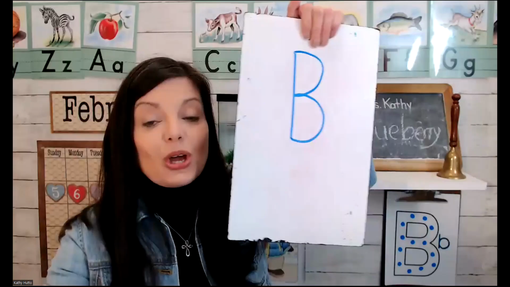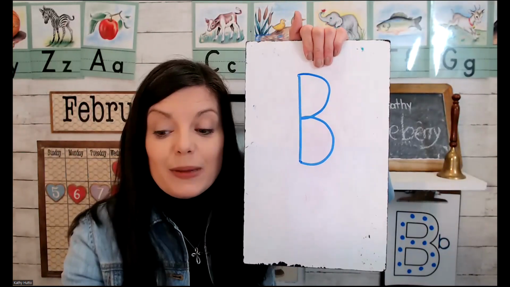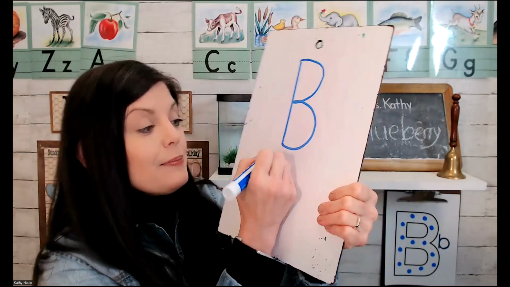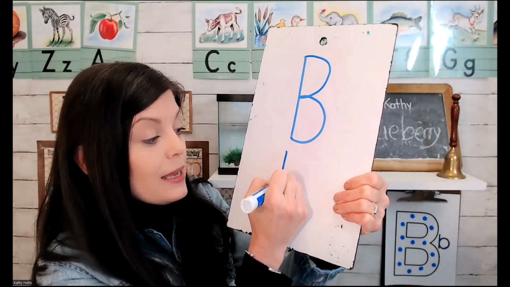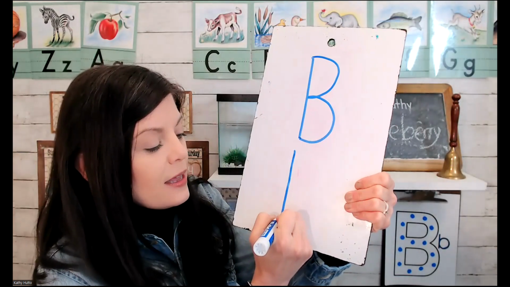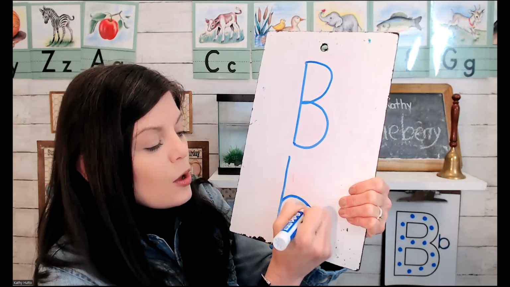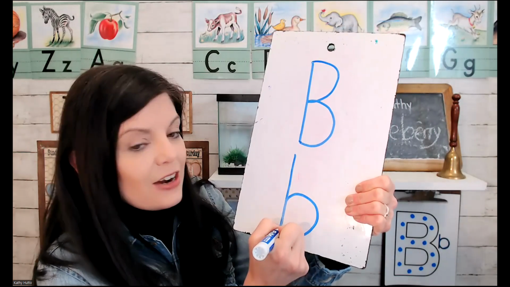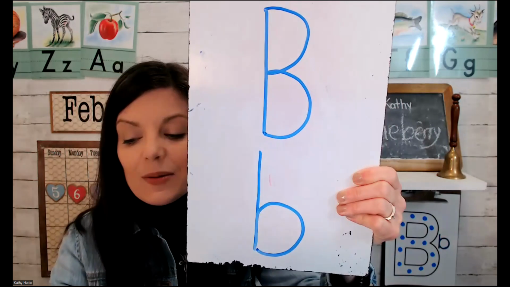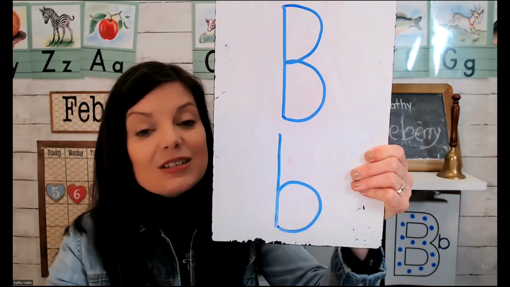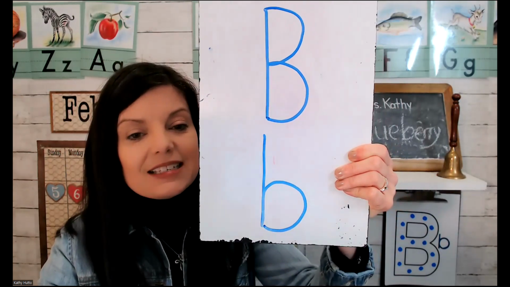Okay, well, let me show you how to make a little letter B. Little letter B starts just like big B with a number 1. And then we're going to blow a bubble downstairs. 1 bubble downstairs. Let's practice.